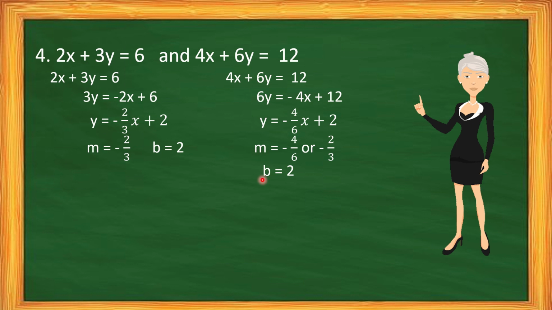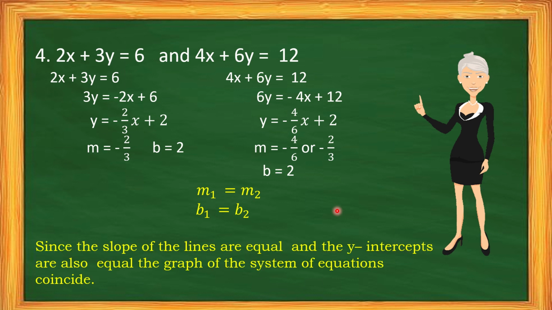So, since m sub 1 is equal to m sub 2, or the slope of the first equation is equal to the slope of the second equation, and b sub 1 equals b sub 2, or the y-intercept of the first equation is equal to the y-intercept of the second equation. Therefore, we can form coinciding lines for example number 4. Dahil magkapareho ang slope at magkapareho ang y-intercept.